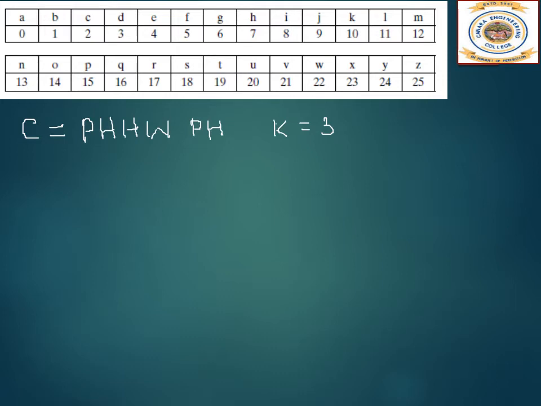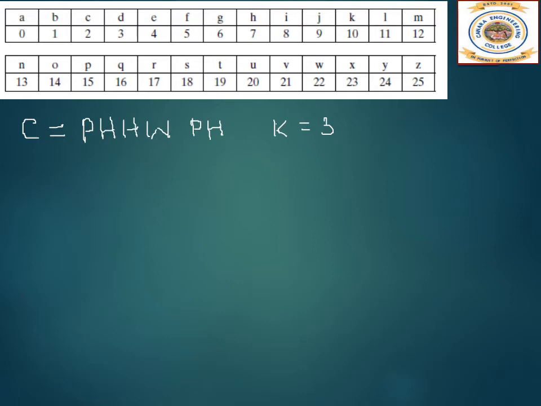All the possible keys you can try. How many possible keys are there? Alphabets are from A to Z, so possible keys are 26. If you try 26 times, you are going to get one particular text which is meaningful. Now this is the given cipher text.